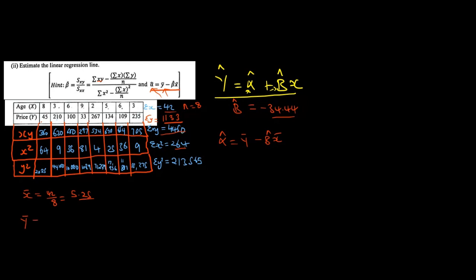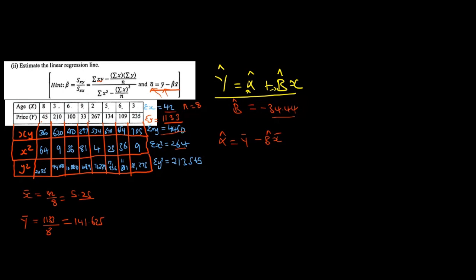The mean of y is equal to the summation of y, which is 1133, divided by 8. So 1133 divided by 8 is going to give me 141.625.